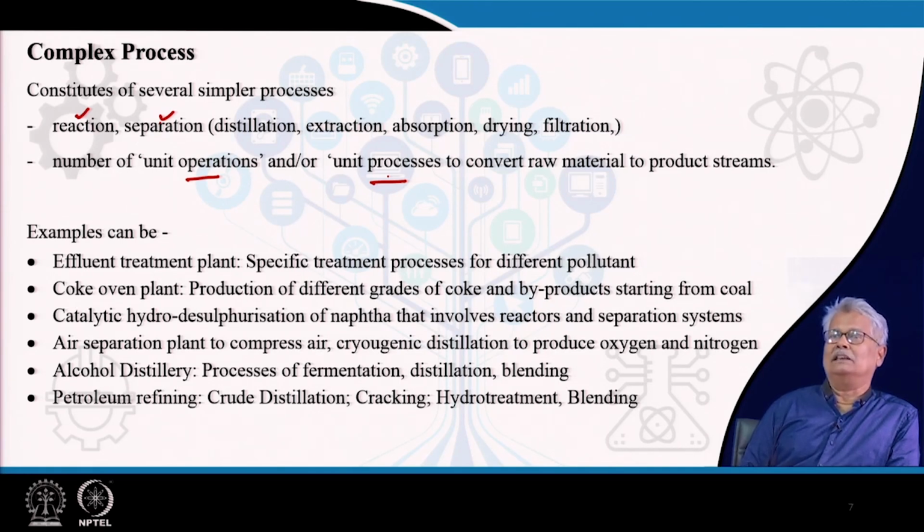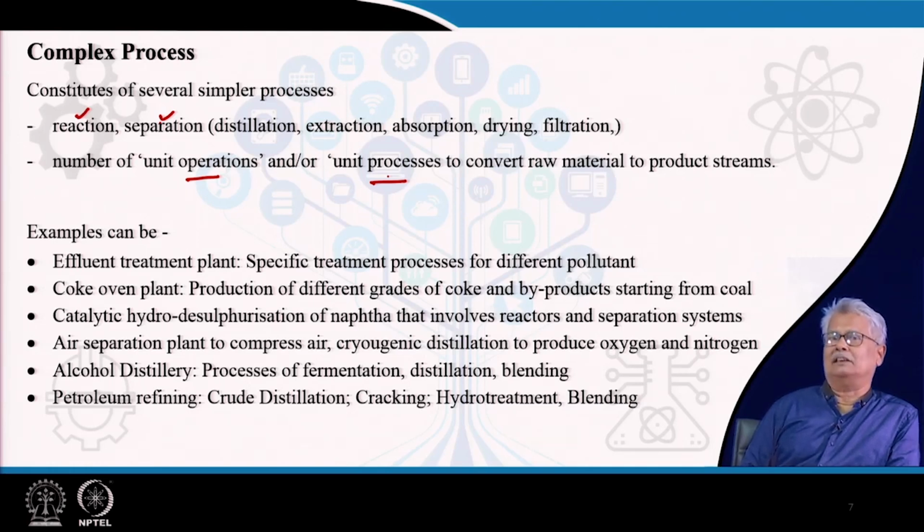So, all individual such processes may be simple processes, but the overall process naturally is a complex process. Air separation plant is also another example where you compress air and distill the air after it liquefies. Similarly, the example of alcohol distillery, the example of petroleum refinery, all these are different complex processes.